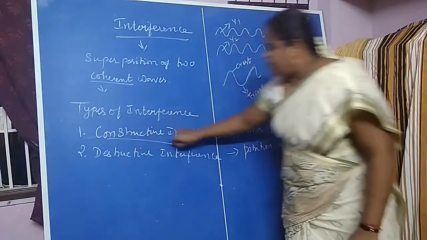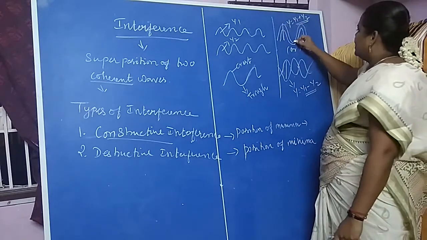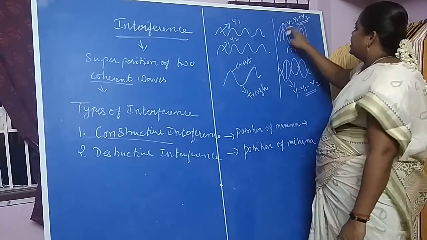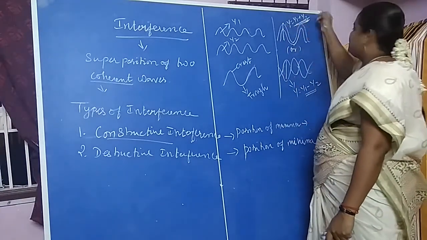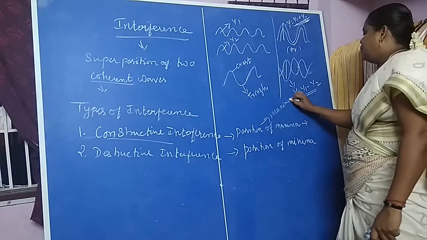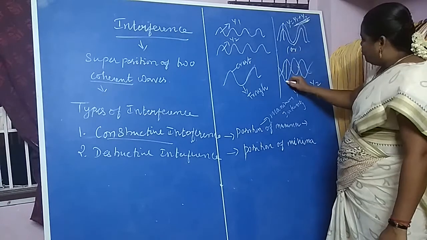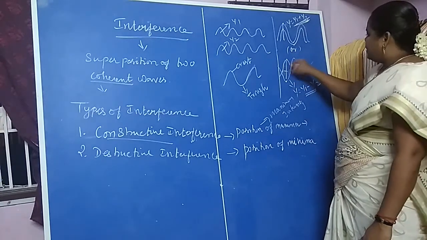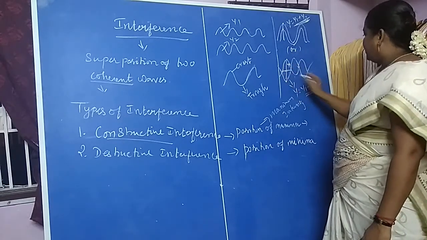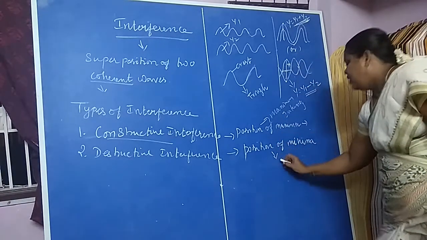When constructive interference takes place, the crest of one wave meets the crest of another wave, or the trough of one wave meets the trough of another wave. Either case, we will get constructive interference. Here the displacements are added, so we will get the maximum intensity. Whereas when the crest of one wave meets the trough of another wave, the first wave has positive displacement and the second wave has negative displacement. So these two displacements are subtracted, and we will get the minimum intensity.